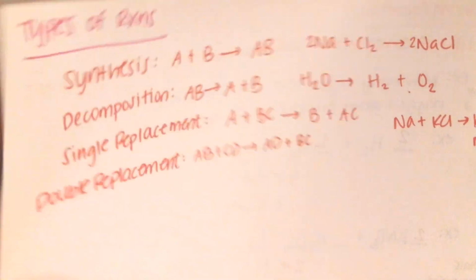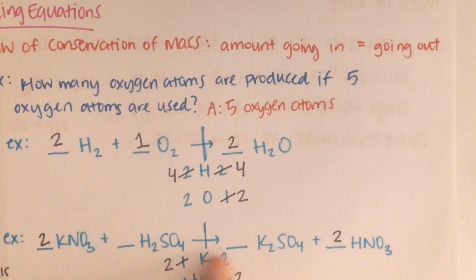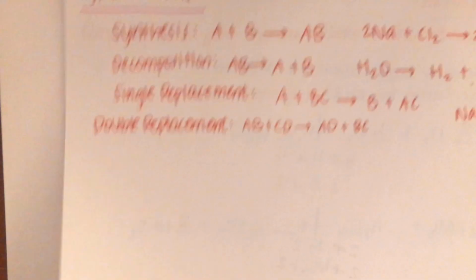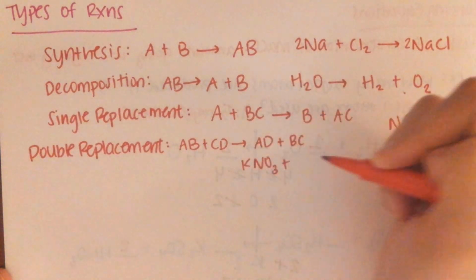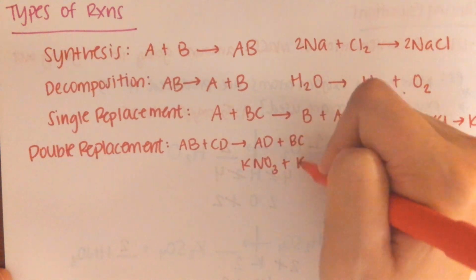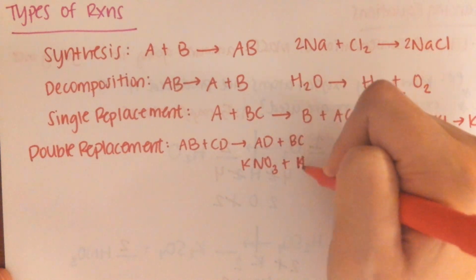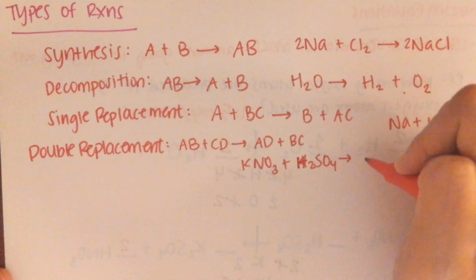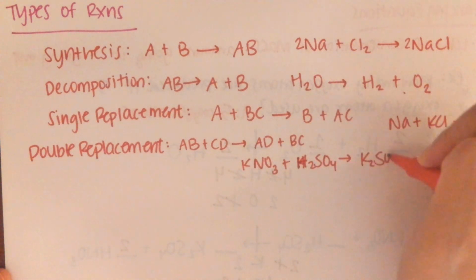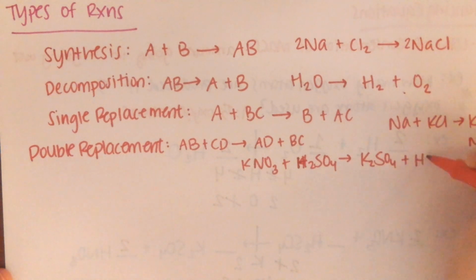So this is like, I think we just did it. This would be an example of a double replacement. So just to rewrite that, KNO3 plus H2SO4 makes K2SO4 plus HNO3.